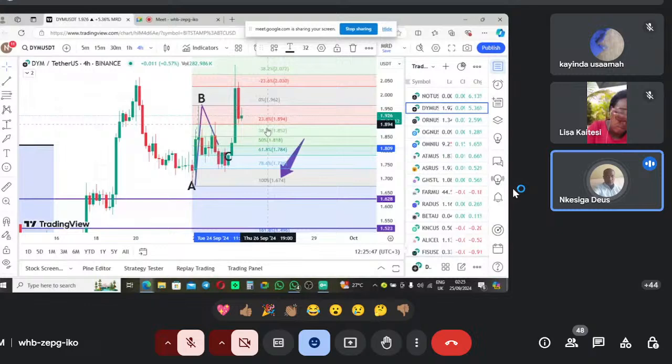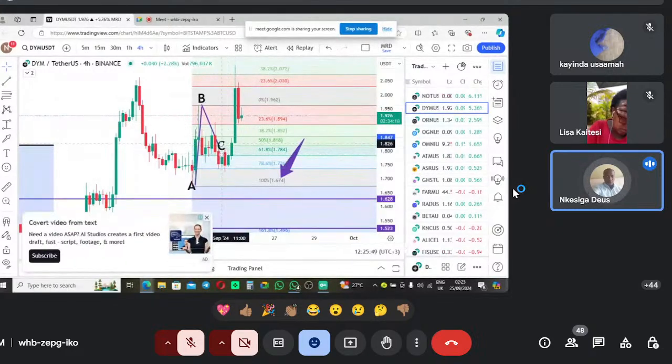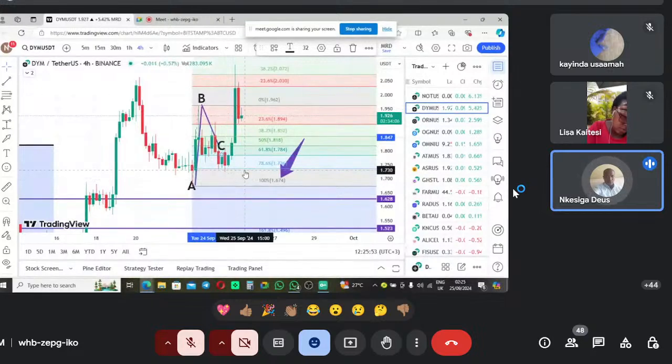On point C, it's where the market retraces from. Even though it drops, it will not drop more than 5% from your entry. Therefore, you have to expect that the market will settle and go back.